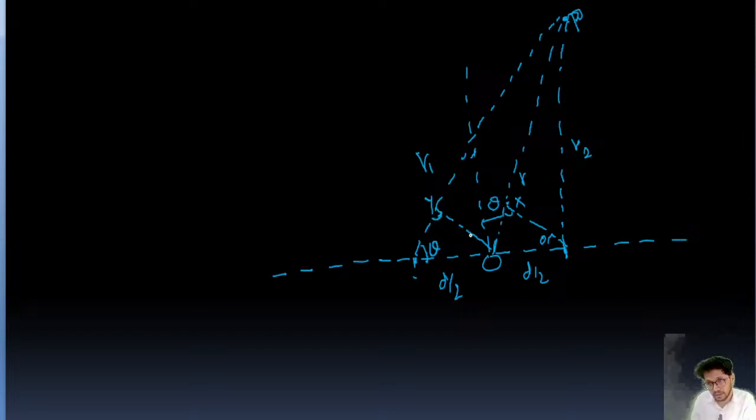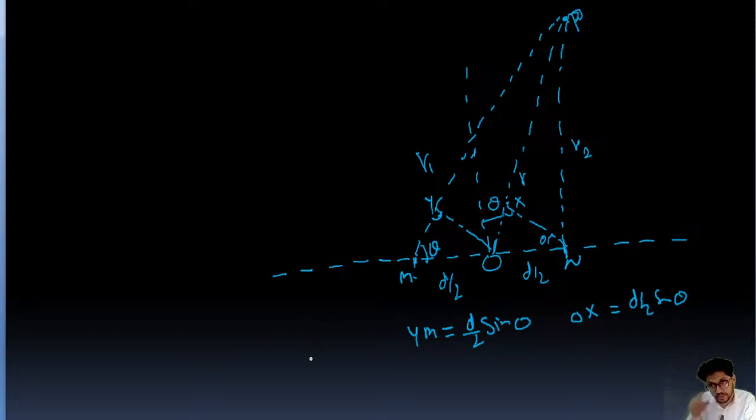This is the height and this is the base, and we know sine theta equals height upon hypotenuse, right? So we can call these values m and n. Okay, so ym is going to be d by 2 sine theta. Similarly, Ox is going to be d by 2 sine theta. Okay, so from here the value of r1 is going to be, this is r, right?